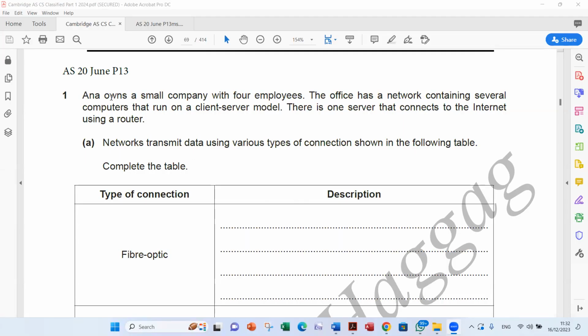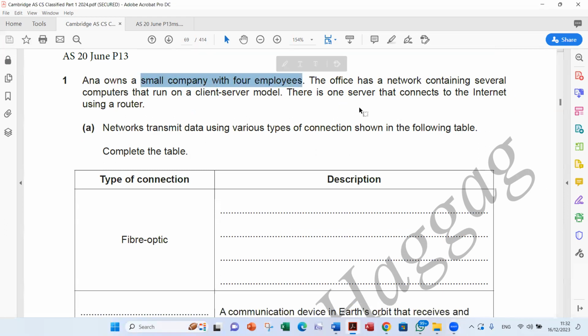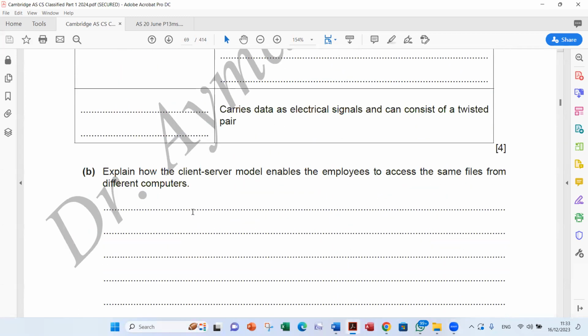Okay, somebody owns a small company with 4 employees. The office has a network containing several computers that run on a client-server model. We will be studying the client-server model in the next session, inshallah. Because there is a question here about the client-server model, we will not be able to answer.